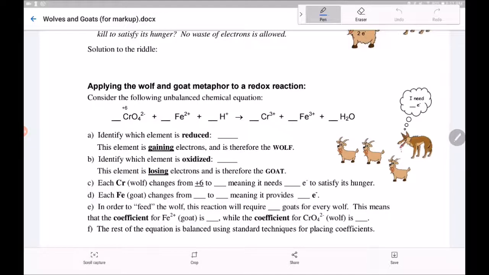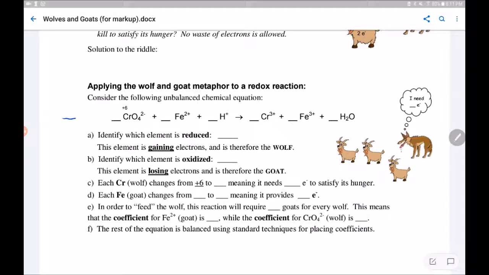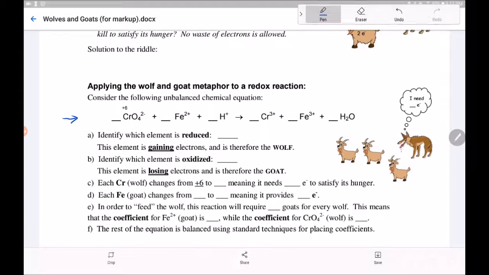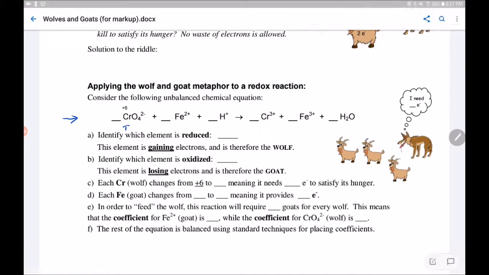Here's how you apply the wolf and goat to balance an equation. So here's a complicated redox equation right here. These steps, A, B, C, D, E, F, will lead us to a solution to balancing using the wolf and goat metaphor. Which element is reduced? It'll be the chromium. You should see the chromium here is a +6. But on the other side, it's +3.